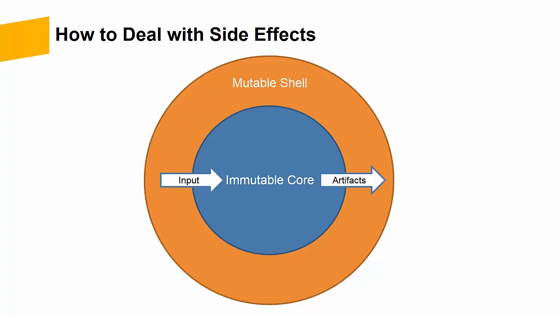The difference between them is that the immutable core is obviously immutable, but it also contains business logic, some complex algorithms or your business rules that comprise the heart of your software. The mutable shell at the same time doesn't contain any complexity, or at least shouldn't contain any complexity, but it does mutate state. So it refers to the global state, mutates data, and so on.